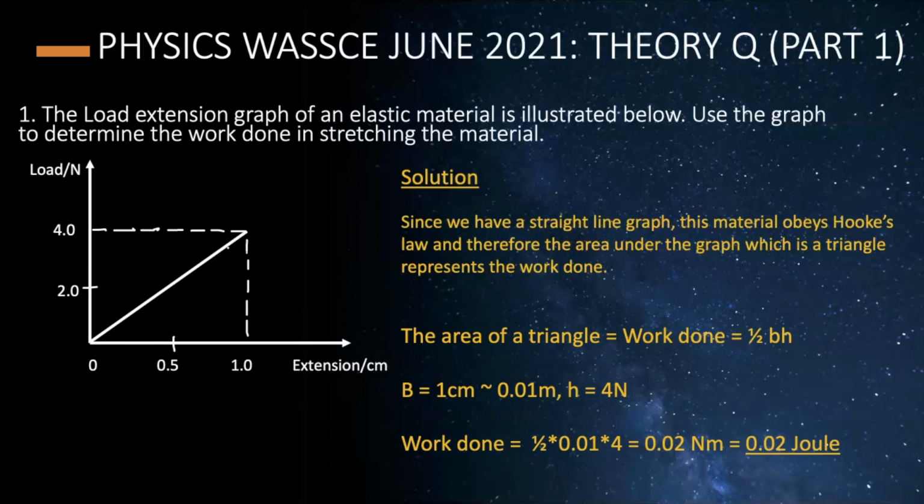Now, there is something called the System International Unit. You must make sure that all your values and parameters are in that unit. For example, the extension here is in centimeter, and centimeter is not an SI unit. The SI unit for length is meter, so we have to convert a centimeter to meter, and we do that by dividing by 100 to get you from centimeters to meters.